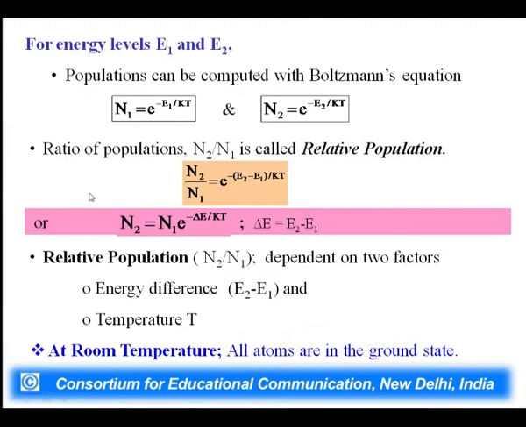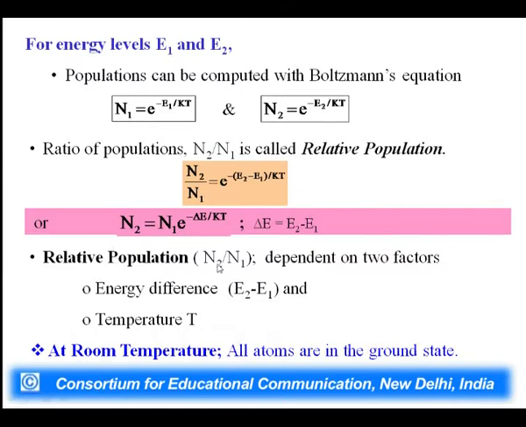The ratio of populations, meaning the relative population N2 by N1, is defined as e^(-(E2 - E1)/kT), or we can write it as N2 = N1 e^(-ΔE/kT), where ΔE = E2 - E1.